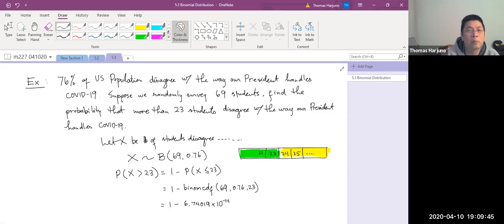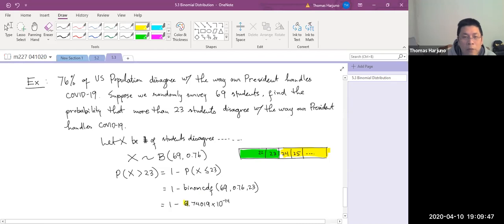Now, this number, if I write it as a decimal, that's 0.0000, a lot of zeros, and then 674019, where the 6 here is at the 14th decimal place.